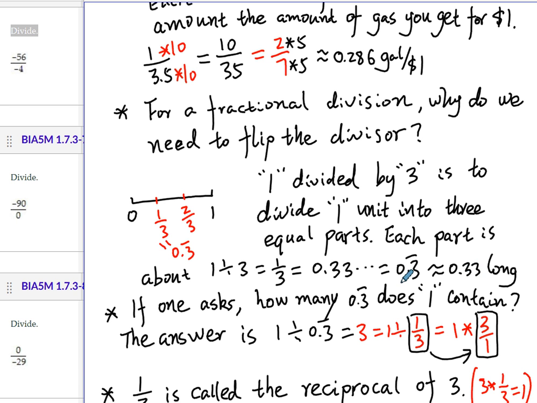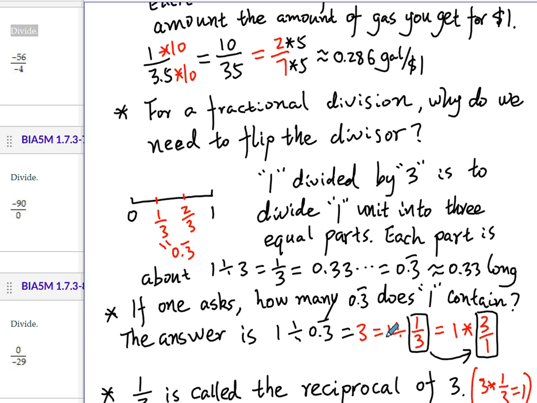Now, if we ask in 1 unit, how many 0.33, this infinite number, is contained in 1 unit? Or you may say, in 1 unit, how many 1/3? Of course, you can see from here, in 1 unit, it contains 1, 2, 3 1/3.